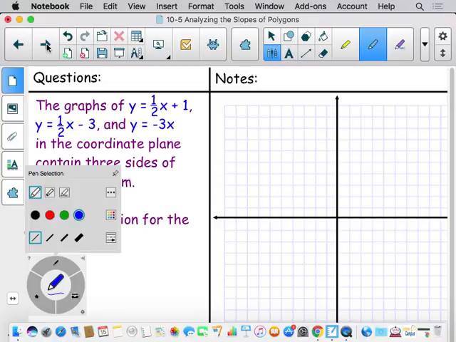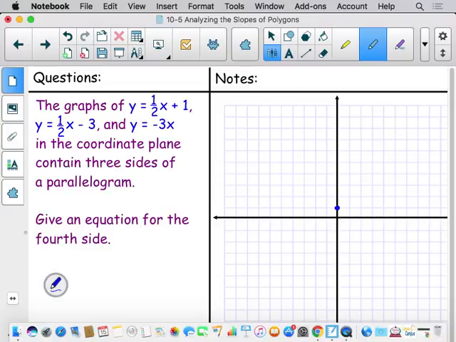So the first one says y equals 1/2 x plus 1. So I start at 1 on my y-axis because that's my intercept. So remember, y equals mx plus b, where b is the y-intercept and m is the slope. My slope is 1/2, so I rise 1, run 2. So up 1 over 2 to the right for my first line.